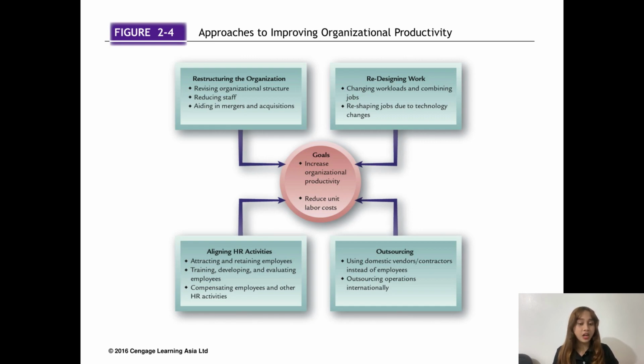The second approach is redesigning work, which includes changing workloads, combining jobs, and reshaping jobs due to technology changes. The next approach is aligning HR activities, which includes attracting and retaining employees, training, developing, and evaluating employees, and lastly, compensating employees and other HR activities.